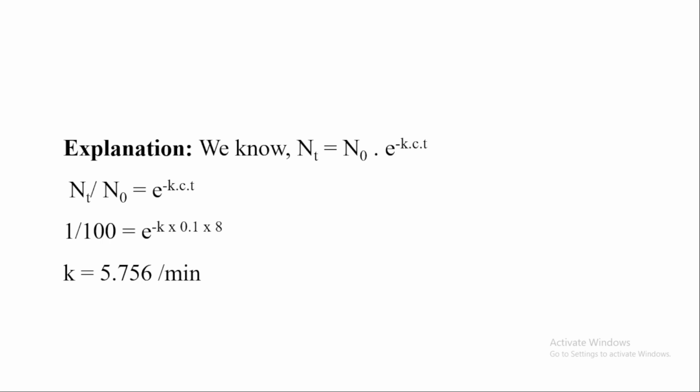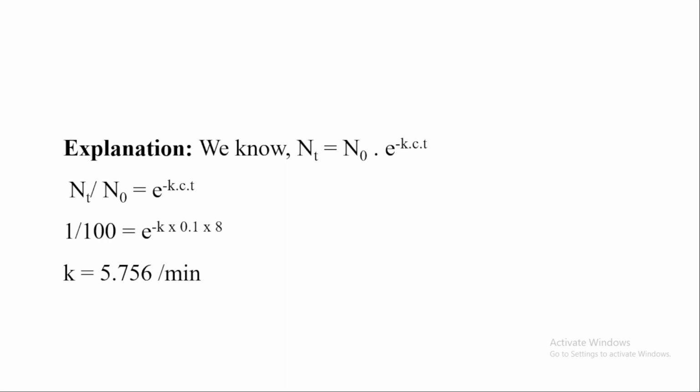Now we have been given that 99% of bacteria are killed. That means how many bacteria are remaining? 1% bacteria are remaining. So let's say the initial number of bacteria was 100.